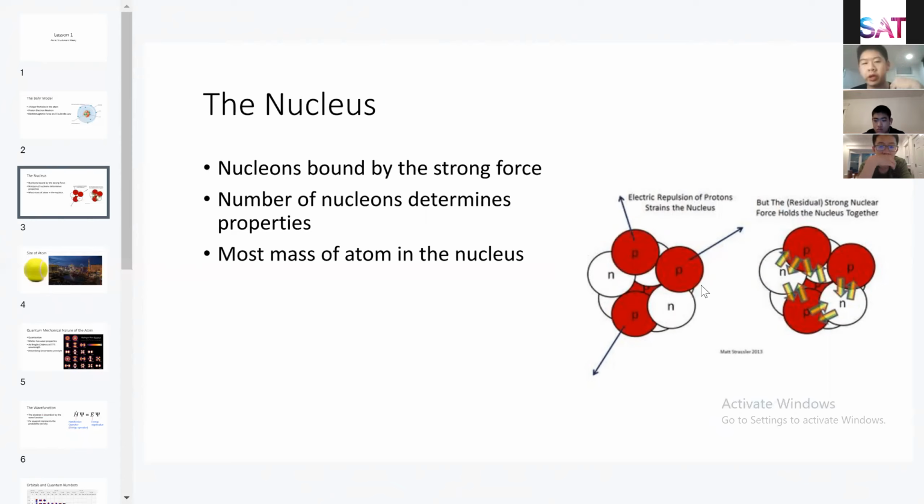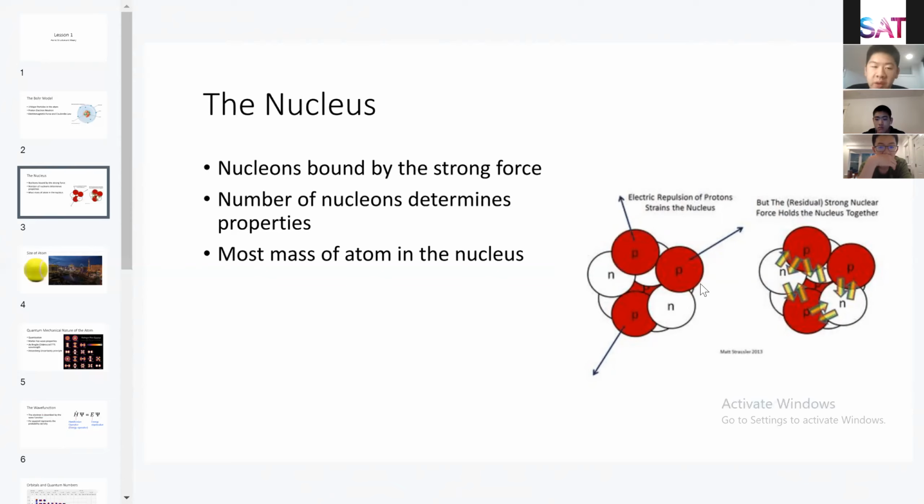And the number of nucleons determines the properties of the atom, really, since the vast majority of the mass of the atom is in the nucleus, right? By the way, a neutron and a proton weigh basically about the same, and an electron is about 1/1800 the mass of a proton.